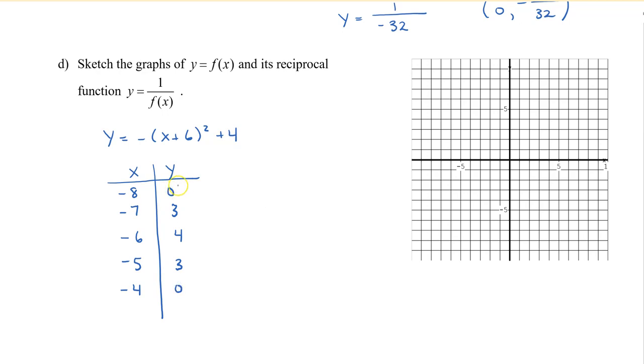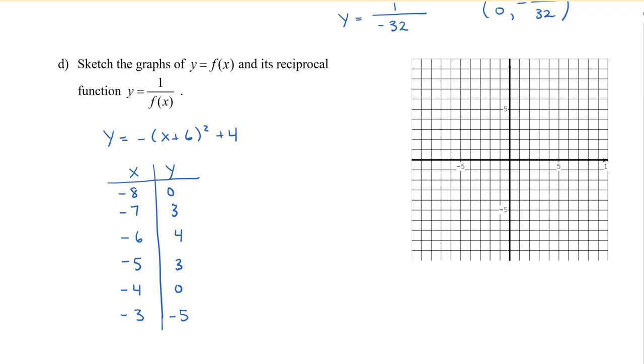Because I can see that it just hits 0, I want to find out what happens on the other side as we go further away from the vertex. So let's also pick negative 3. When I plug that in, I get 3 squared, which is negative 9, plus 4, which is negative 5. We always want to extend past 0 because we don't want the graph to just stop at 0 and then not know what happens on the other side.